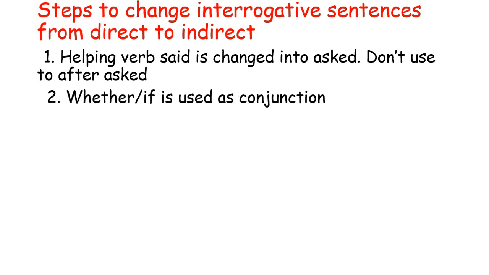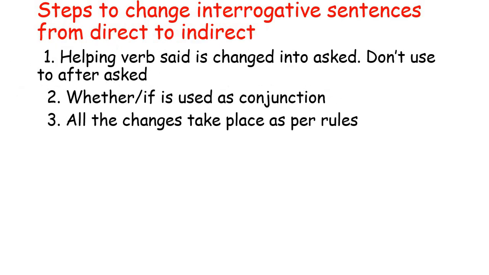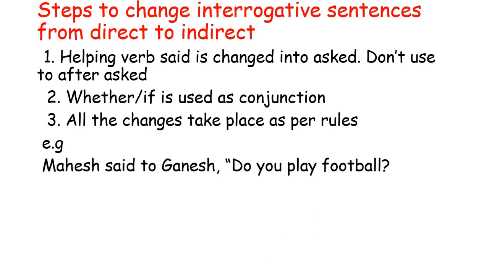Then the second one is whether or if is used as a conjunction. Then all the changes take place as per the rules, as we have discussed earlier. Now just see here, an example is given here.